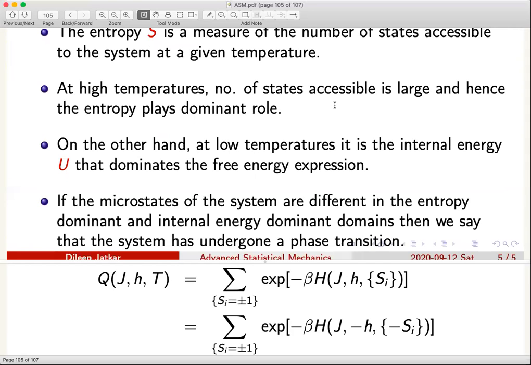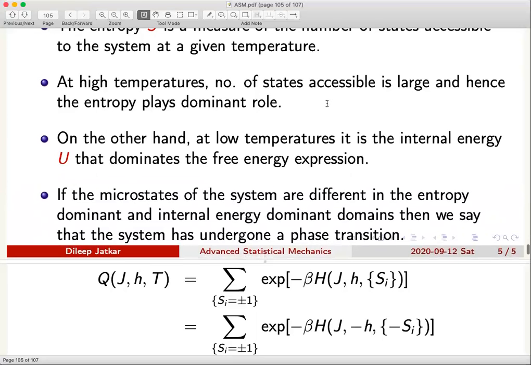Okay. So the point is that if the microstates of the system are different in the entropy dominant domain versus the internal energy dominant domain, then we would say that the system has actually undergone a phase transition. Now, in our Ising model, in the entropy dominated domain, we have microstates which describe the paramagnetic state.